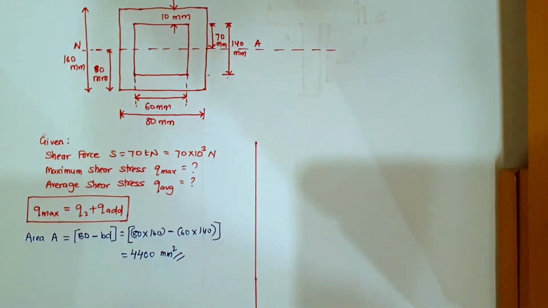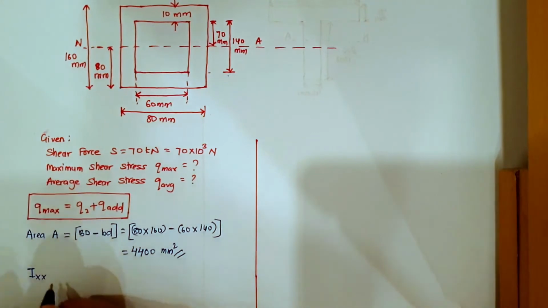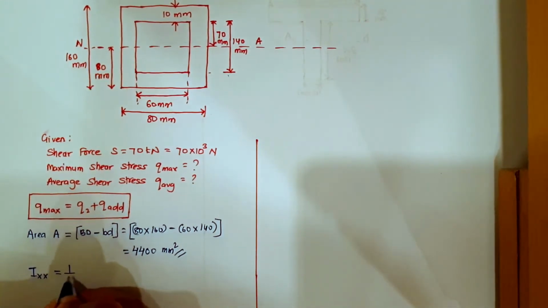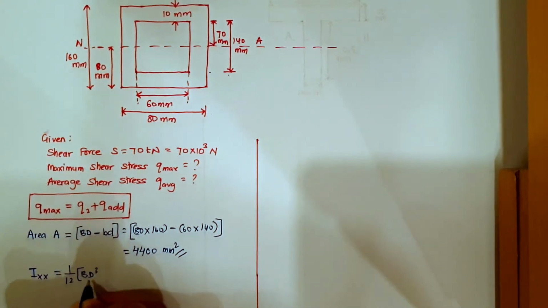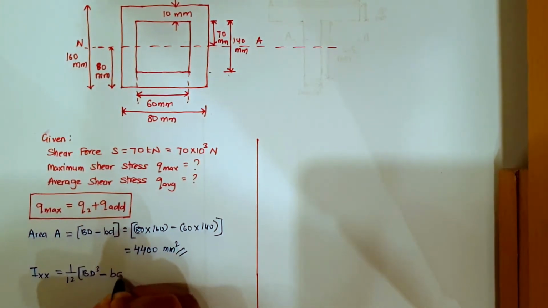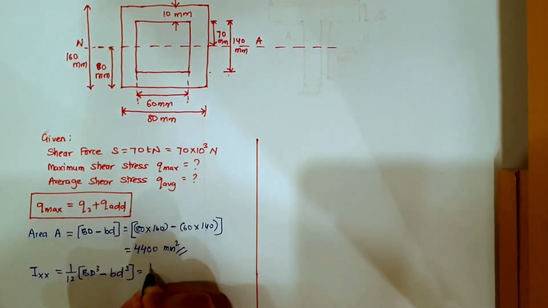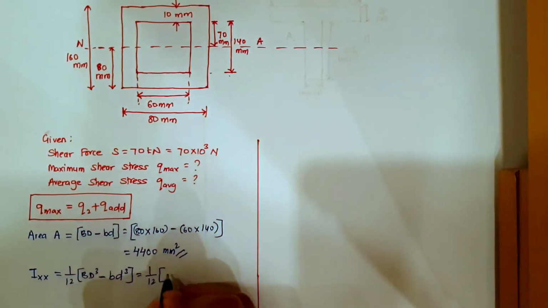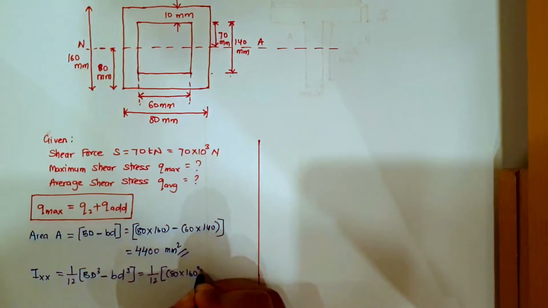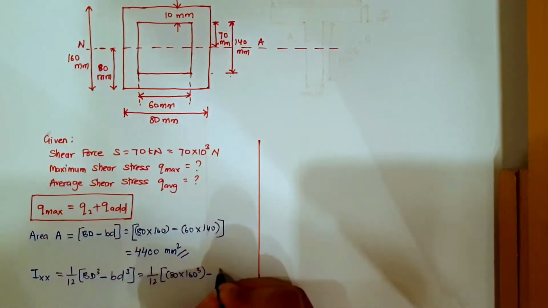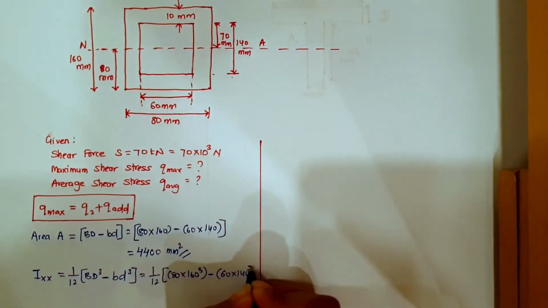Now let us find the moment of inertia. Moment of inertia about the x axis will be equal to 1 by 12 BD cube of the outer rectangle minus BD cube of the inner rectangle, right? So from here what do I get? 1 by 12, B is 80, D is 160 cube, minus, for the inner rectangle, 60 into 140 cube.